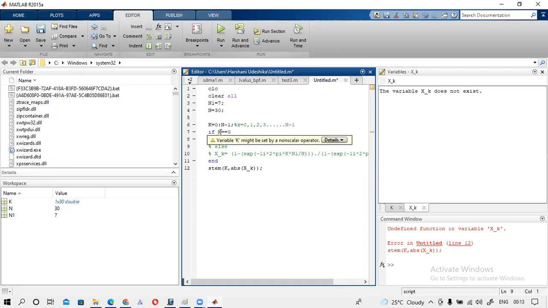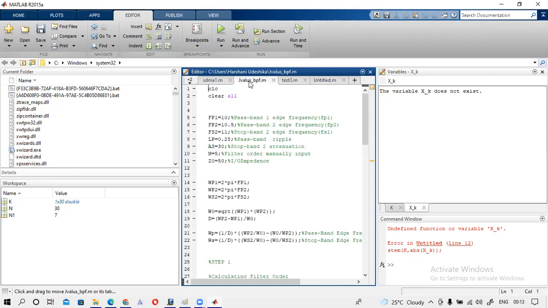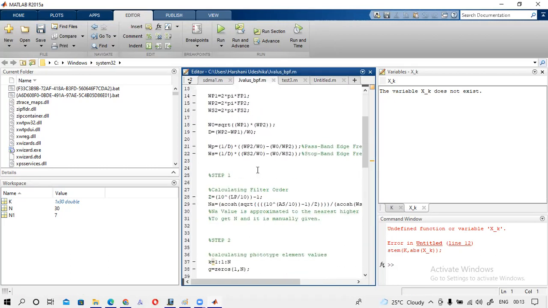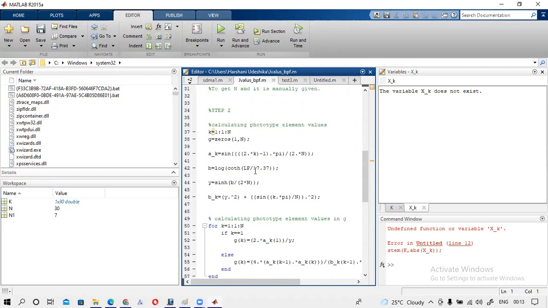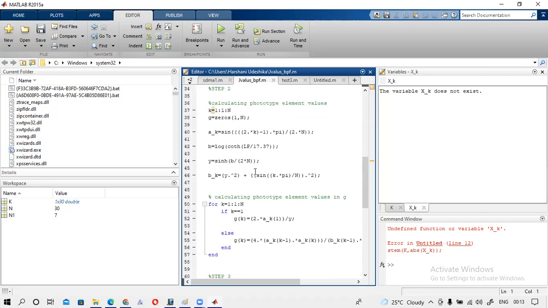It is a non-scalar operator. You can assign value, no?